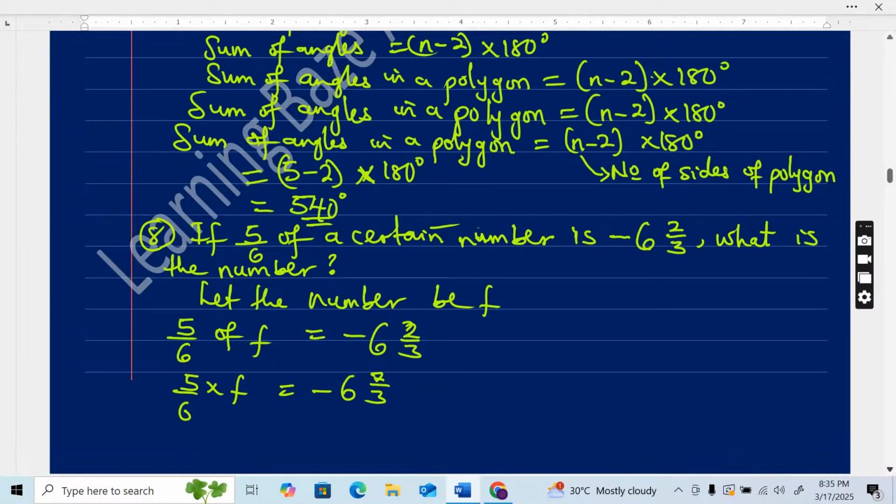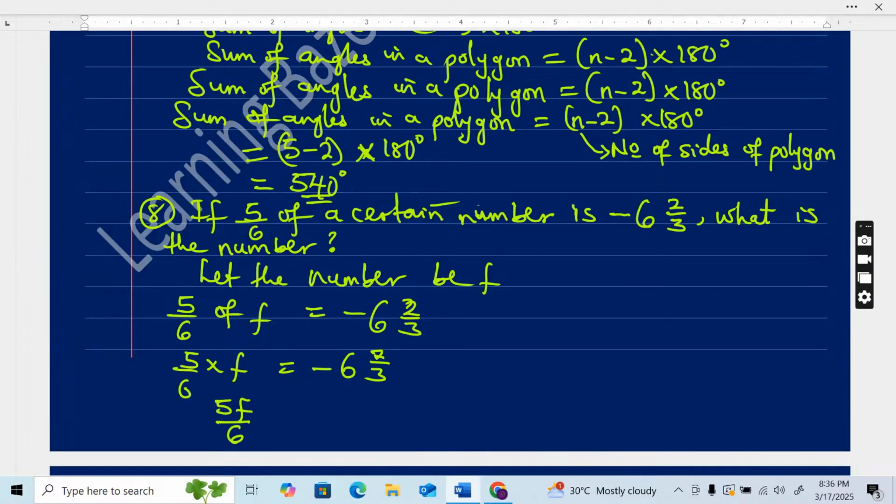Now 5 times f will give us 5f/6 equals, now for this particular number, it's a mixed number, so we have to change it to an improper fraction. 3 times 6 is 18, and 18 plus 2 is 20, so that is minus 20/3.